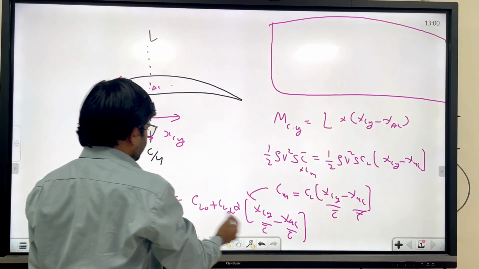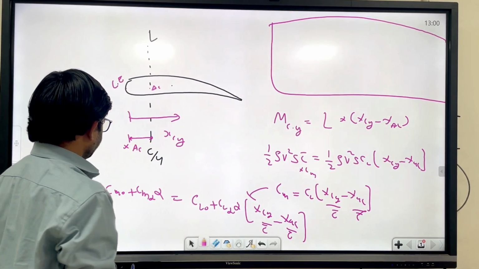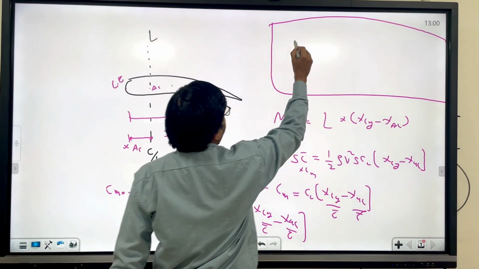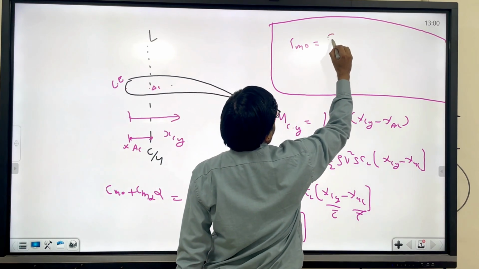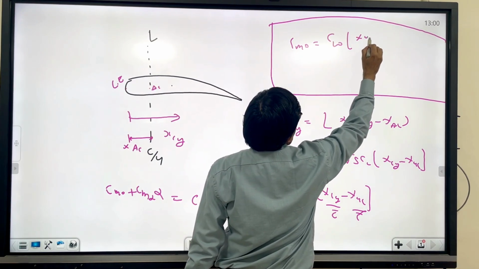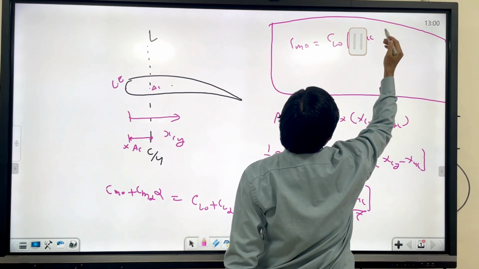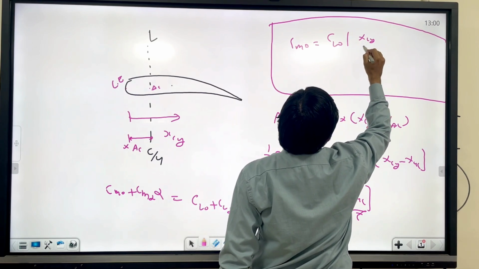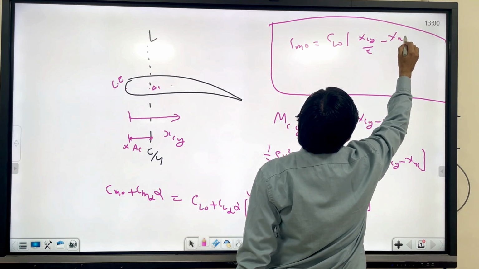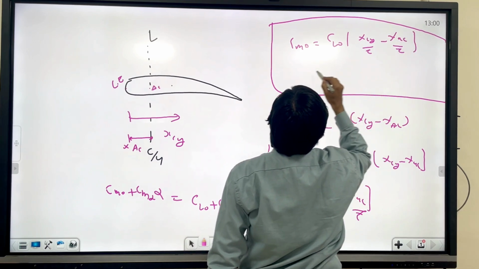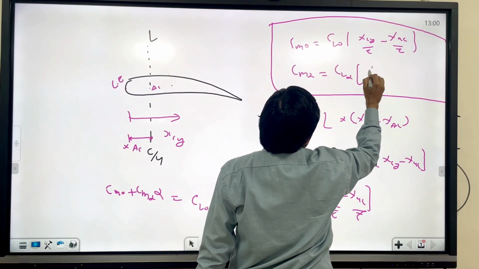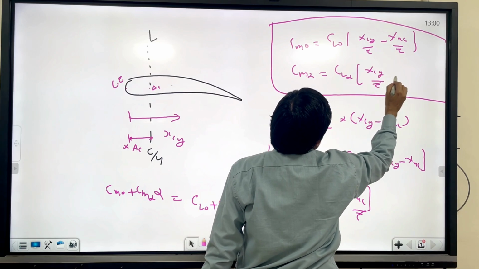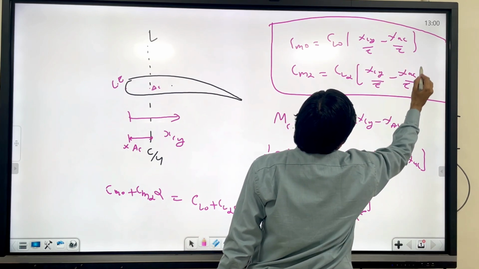If I compare the left hand side and right hand side, Cm naught will be CL naught times XCG by C bar minus XAC by C bar. And what is Cm alpha? It is CL alpha times XCG by C bar minus XAC by C bar.